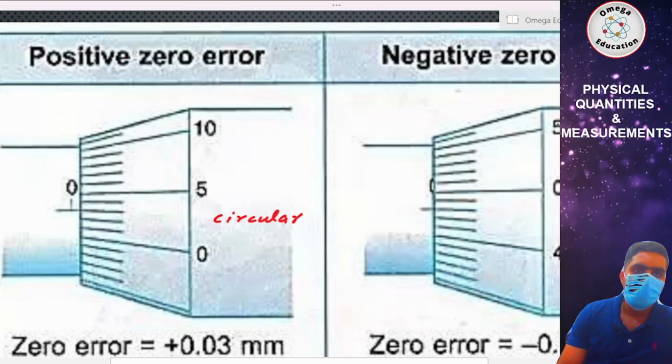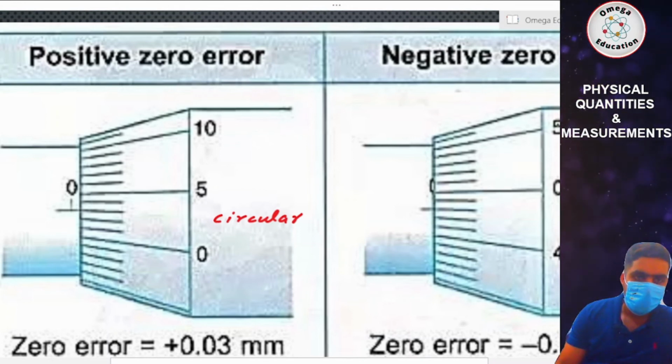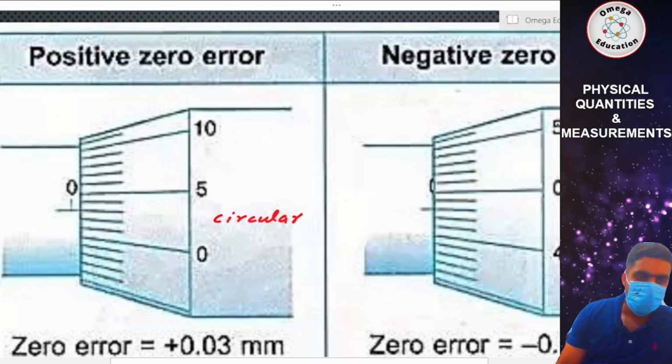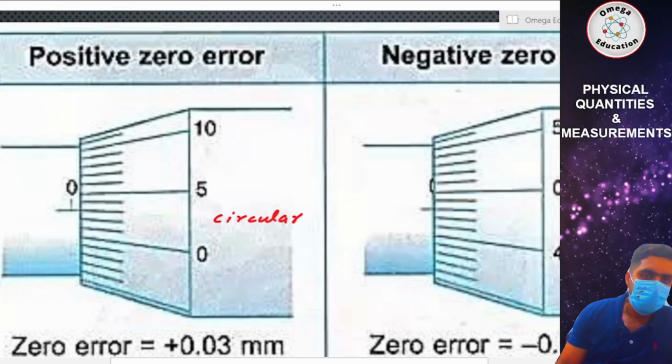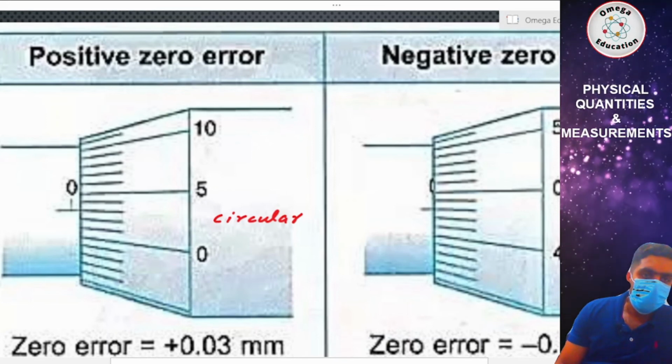Now, in order to find that one, you need to find how many lines. For example, for positive zero error, you need to find out how many lines the zero error is below the zero of the main scale.